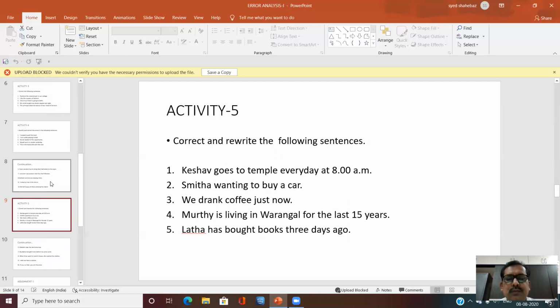Keshav, not go, but goes to temple every day at 8 a.m. Nita wants to buy a car. We have drunk coffee just now. Murthy has been living in Warangal for the last 15 years. Lata bought books 3 days ago.